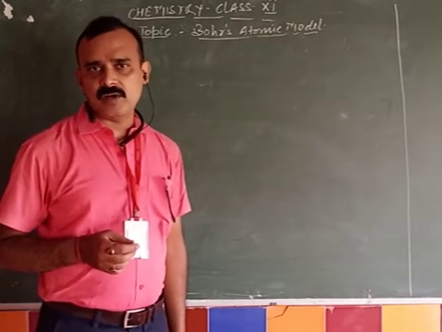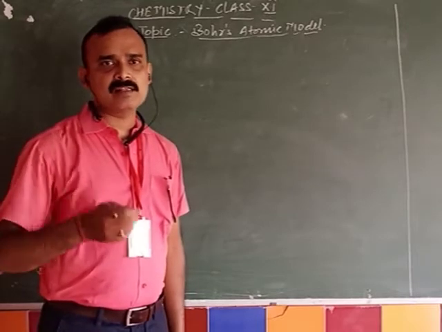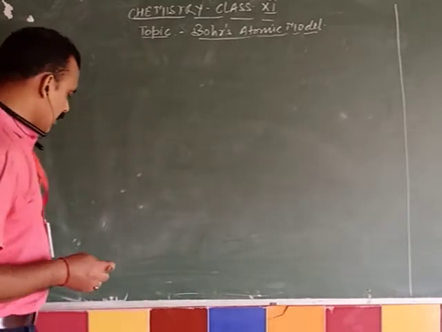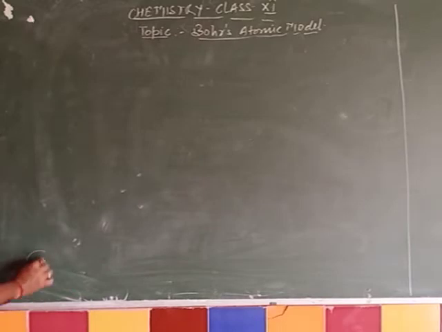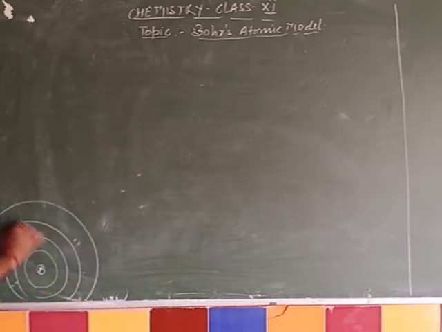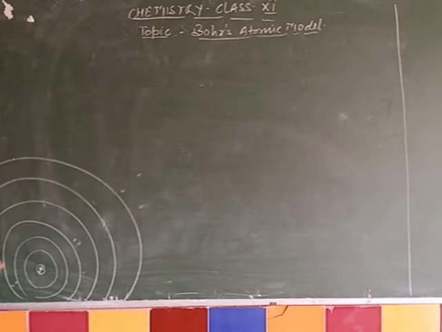It is very small, very tiny, and located at the center. Outside this, a lot of circular orbits are possible. As you are able to see, a lot of circular orbits are possible, but electrons are not going to rotate in all of these.